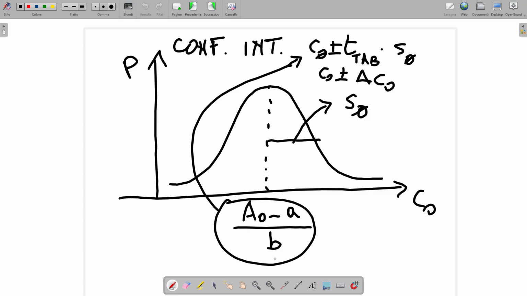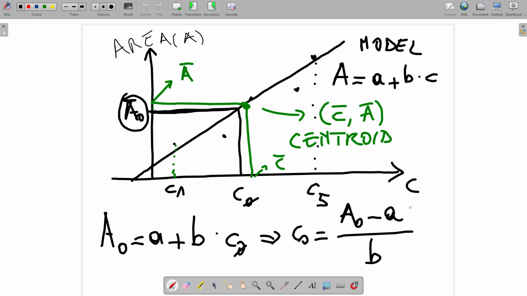So it is not an average. Because you see, this is the relationship between A0 and C0: A0 is equal to the intercept plus the slope multiplied by C0. So C0 is obtained in this way. It is not an average of direct measurement. It is an interpolated value.